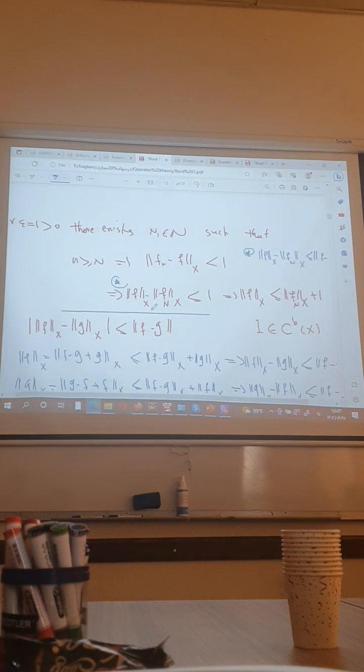It shows that we have this inequality, and also f of x is less than this. This is finite or bounded, so this norm is bounded. So f is a bounded function, and also f is continuous.